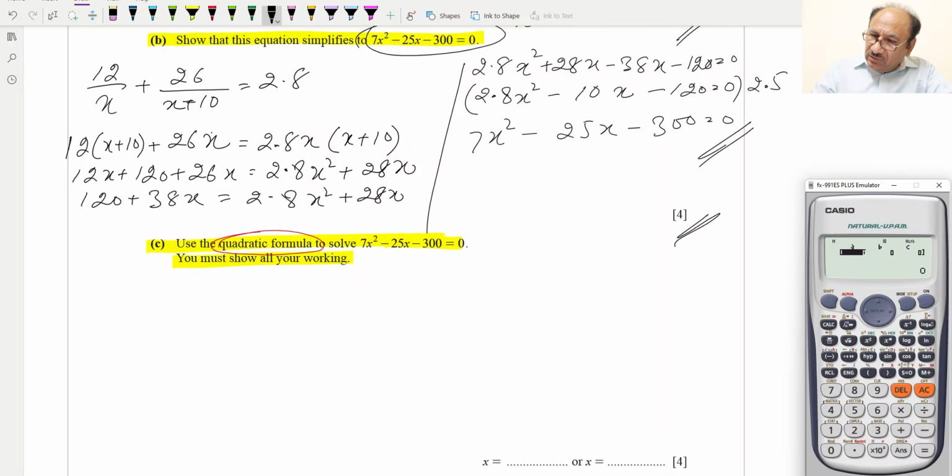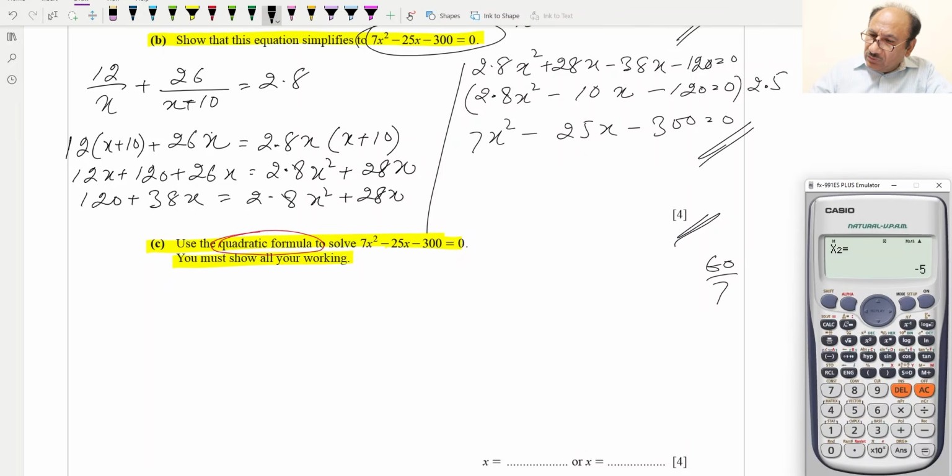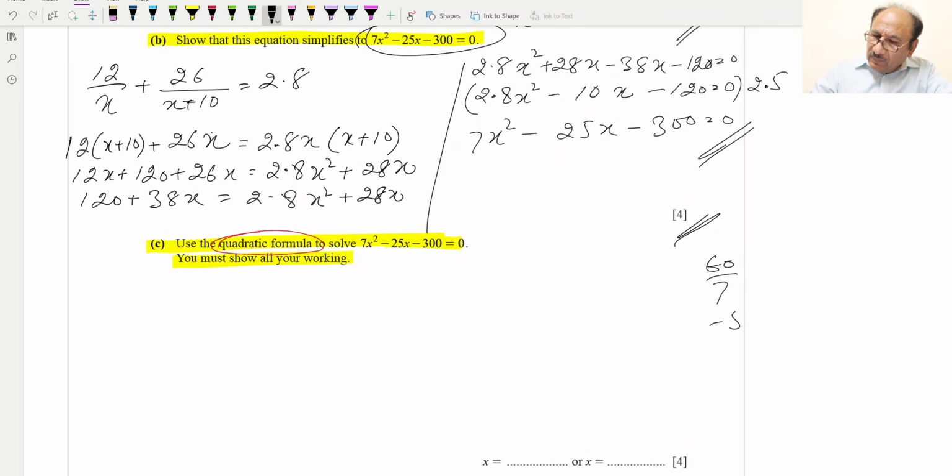Mode 5 3, and the coefficient of x square is 7, and the coefficient of x is minus 25 and minus 300. This will be very helpful for you in the exam while solving. So 60 over 7, while solving you can figure out whether your answer is correct or not. This should be your answer. Now we will be solving and checking whether we get this answer or not.